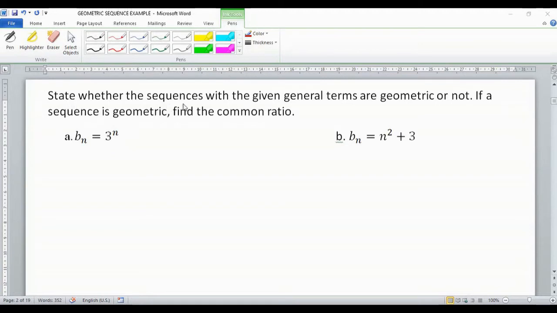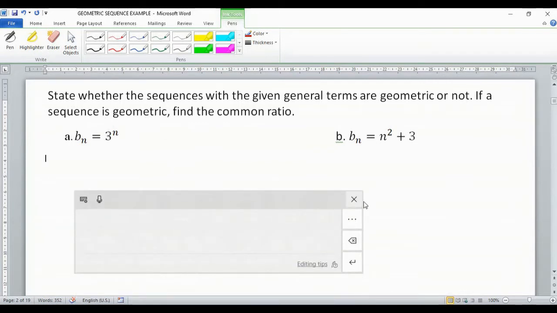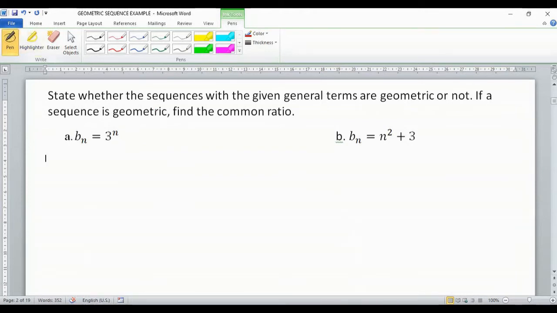State whether the sequences with given general terms are geometric or not. If a sequence is geometric, find the common ratio. So from here, you need to remember again the geometric formula: Bn plus 1 is equal to Bn times k, k is the common ratio, and k is equal to Bn plus 1 over Bn.